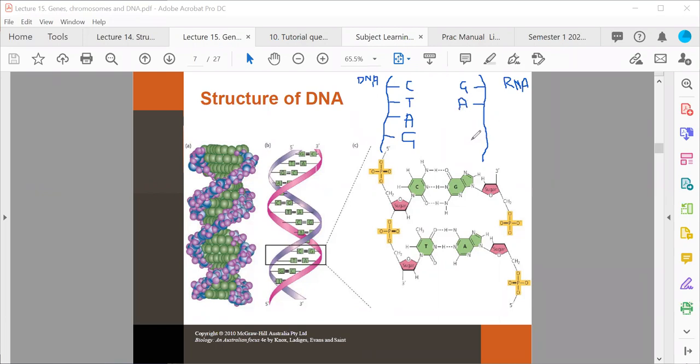And let's go to the bottom one. What would bond, if we had a guanine in the DNA, what would we have in the RNA? What would bond to it in RNA? Yep, cytosine.